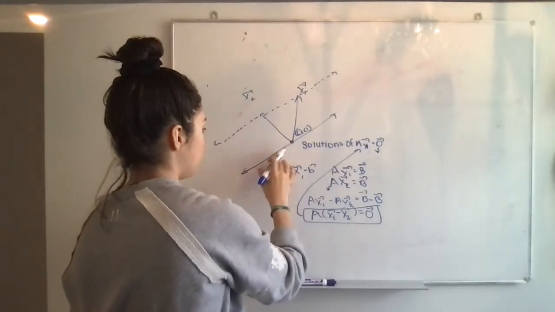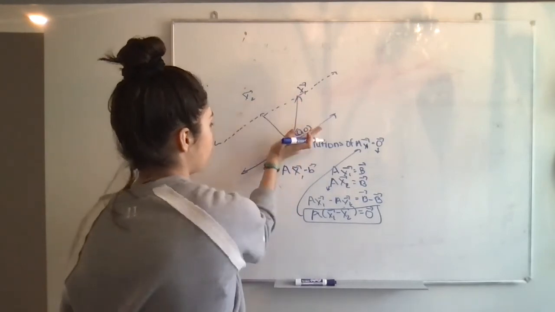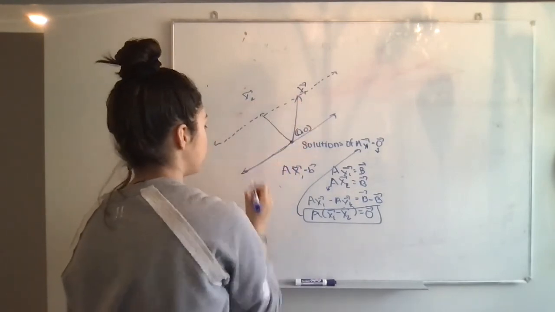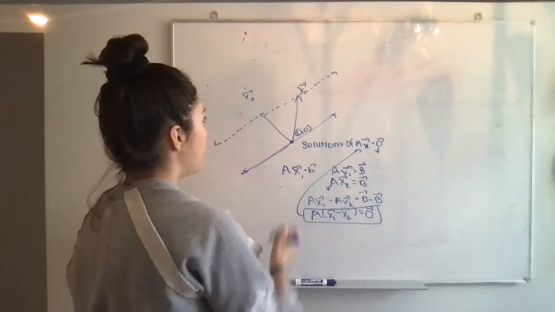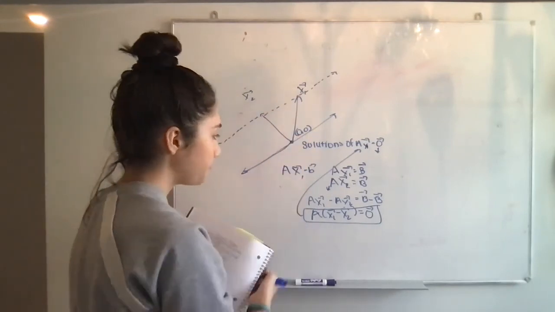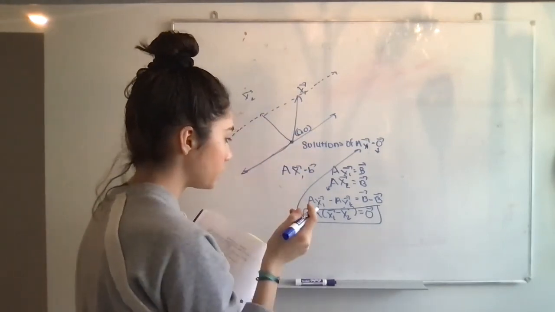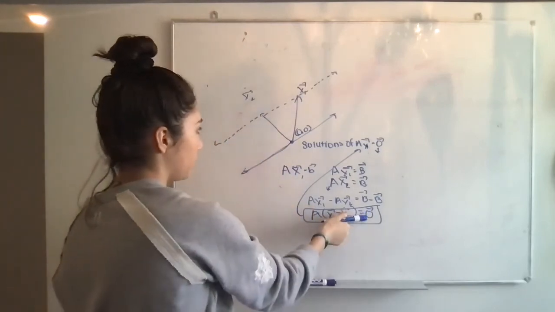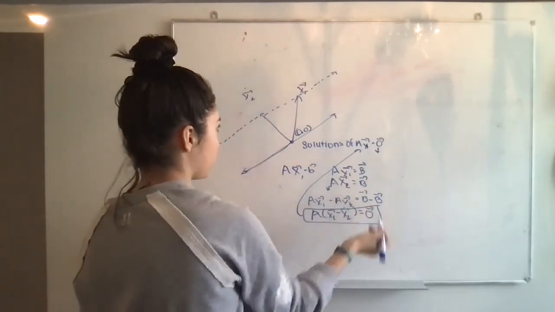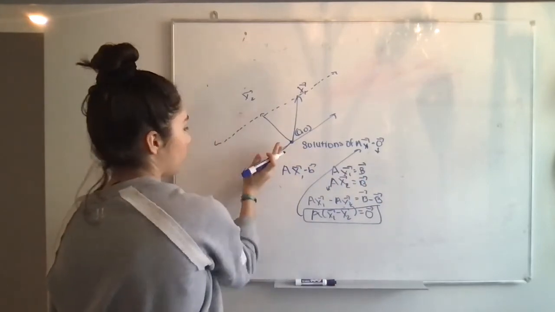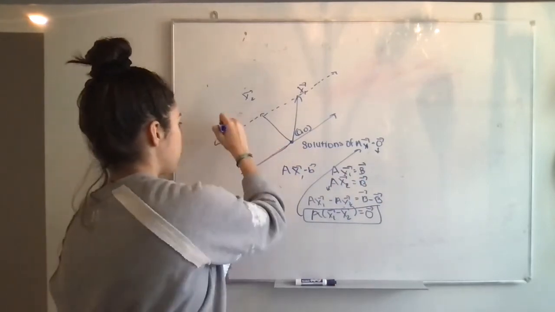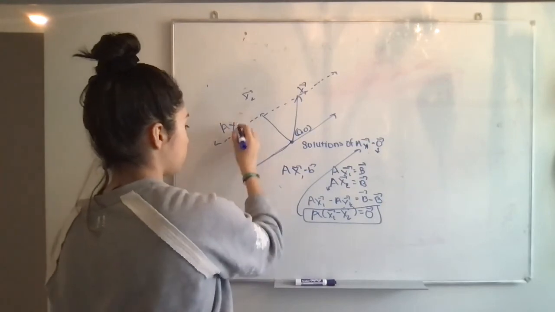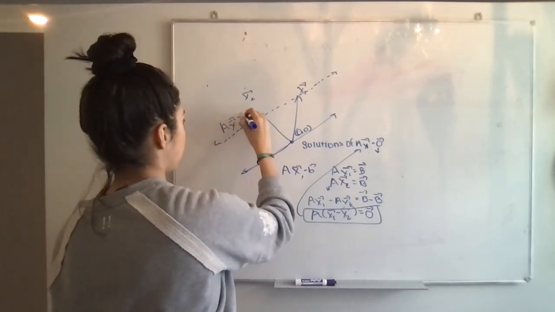We can move it down and it can fit over top of this vector, and that has to be necessary because A times x2 minus x1 has to equal the 0 vector, right? So these two have to be parallel. So that's how we figure out these are the solutions for A x1 equals B.